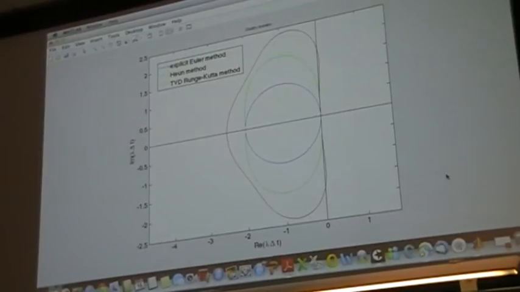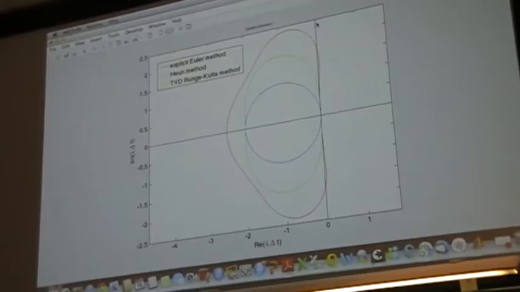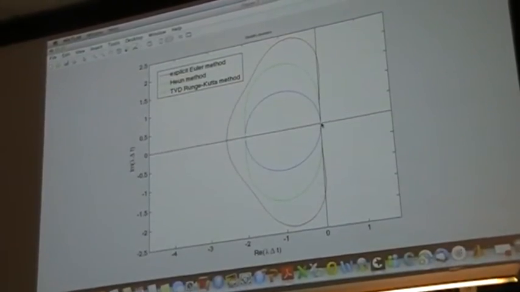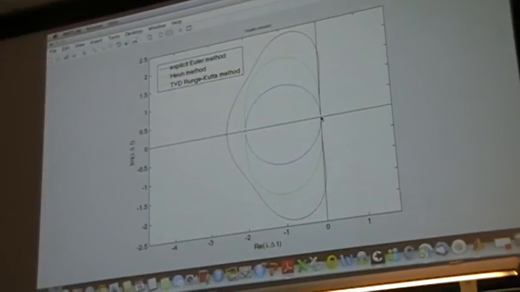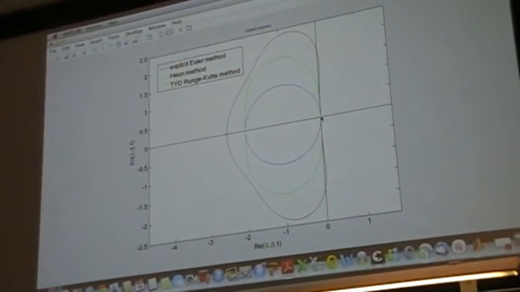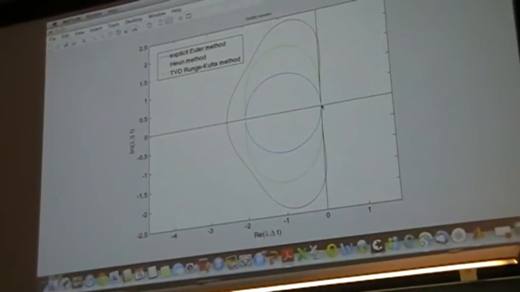So then our lambda delta t would lie on the imaginary axis. And on the imaginary axis we have only one point that lies inside the stability domain, both for explicit Euler and for the ellipse-shaped stability domain of Heun's method, that is 0, the origin.